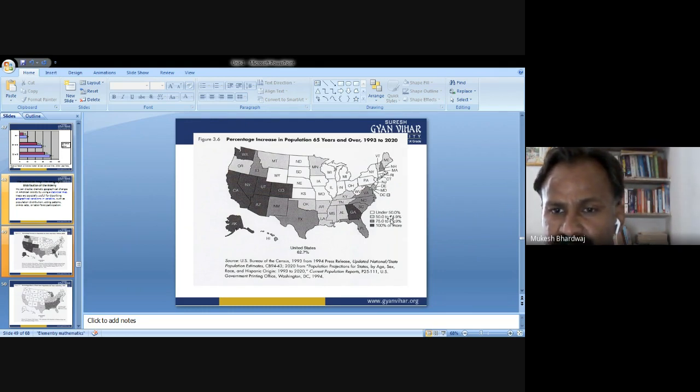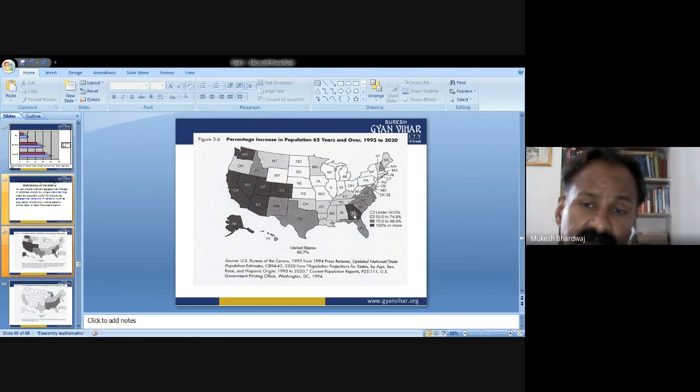And 50% to 74% increment, light shaded, जितना भी दिख रहा उसमें पता चल रहा. 75% to 99%, which is a little more darker, and 100% increase in most, यानी कि यहाँ पर बहुत ज्यादा 100%, जस्ट जितना था उसका डबल हो चुका है in the age of 65 and more than that.